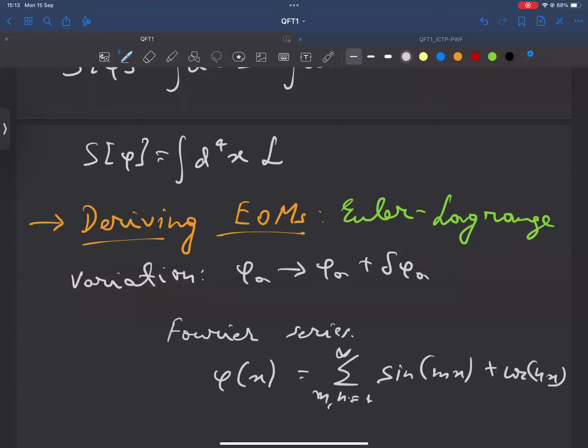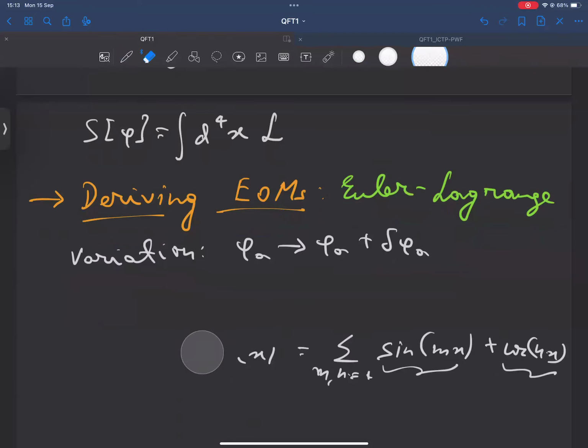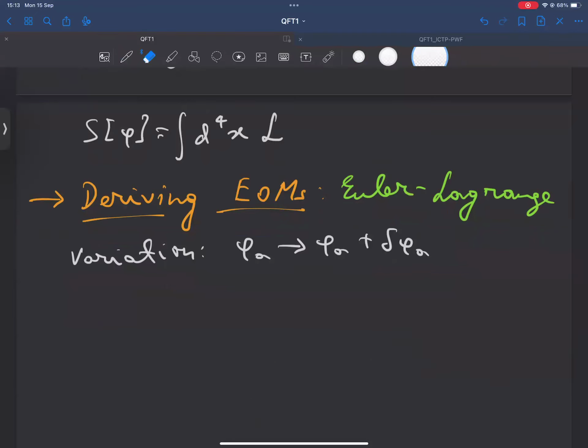So you see this vector space which is spanned by sine mx and cos nx is infinite dimensional. So periodic functions are one such example; they live in an infinite dimensional space. Maybe I used heavy technical jargon, but all I mean is this.